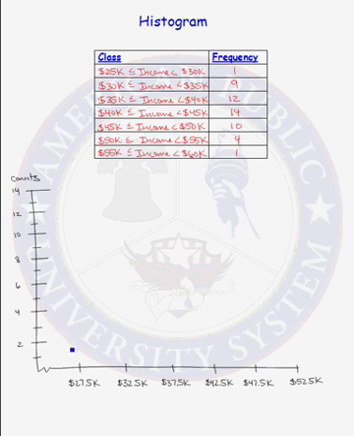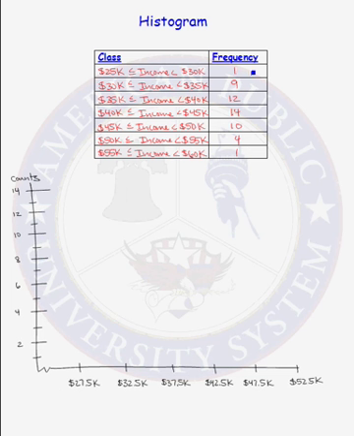The other thing is, between our bars in the histogram, there is no space. The bars will touch each other. In a bar graph, the bars are separated based on the category, but in the histogram, they will touch each other. So on the x-axis, we have our median incomes, and on the y-axis, we have our counts.